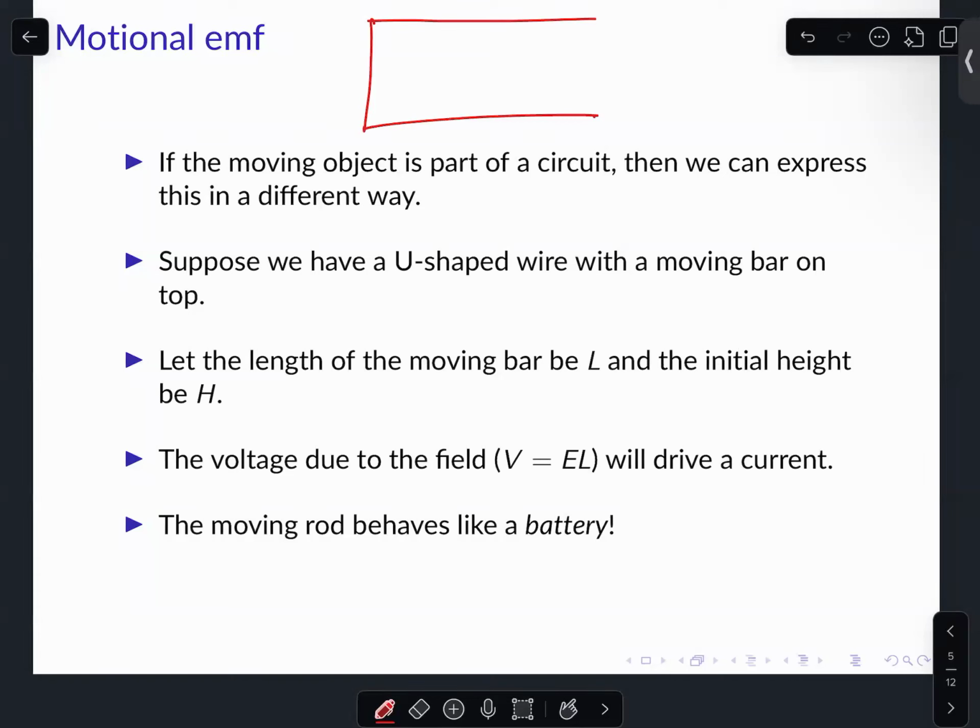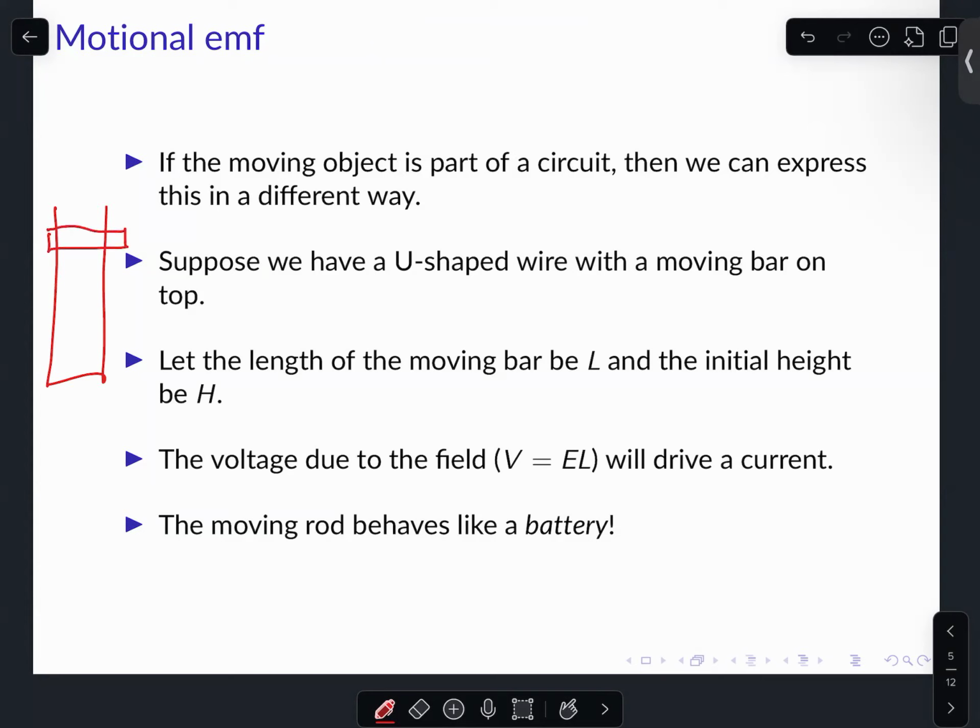We usually say there's R ohms of resistance in this, whatever. Oh, I said the moving bar is on top. Sorry. Let me draw it according to how I described it in the picture. Okay, so I've got a U-shaped wire, and the moving bar is the thing that's going to have that motional EMF in it.